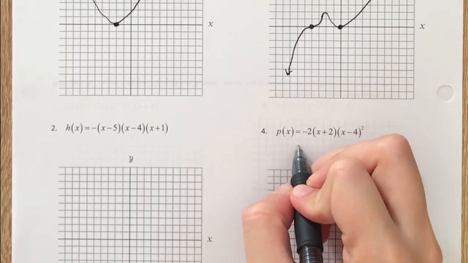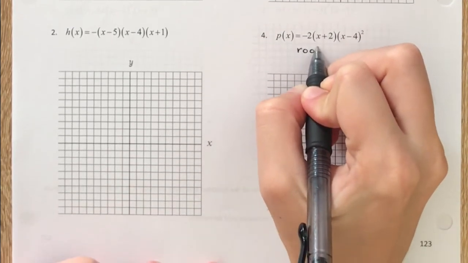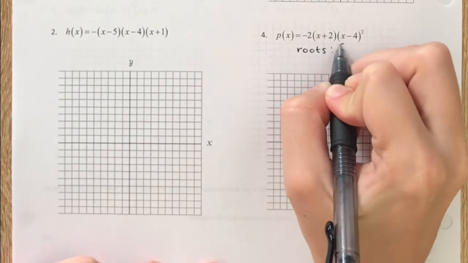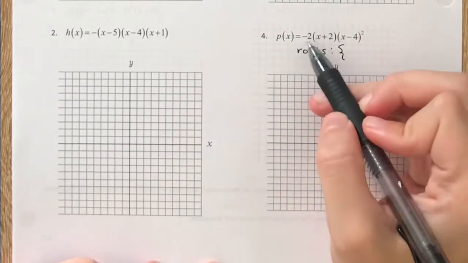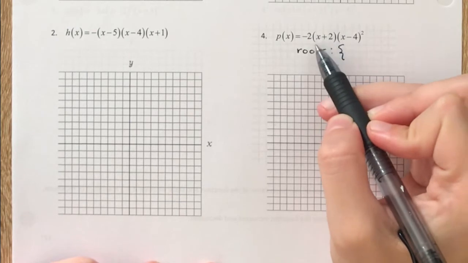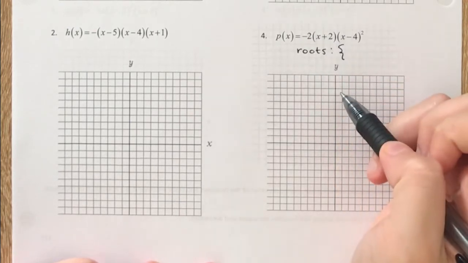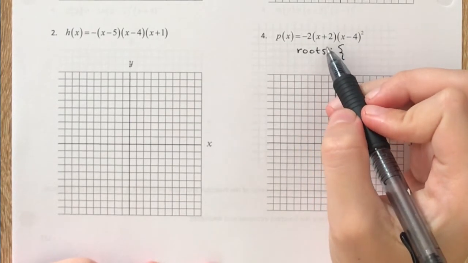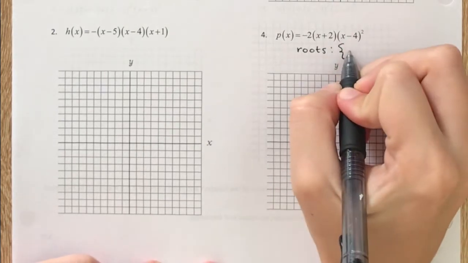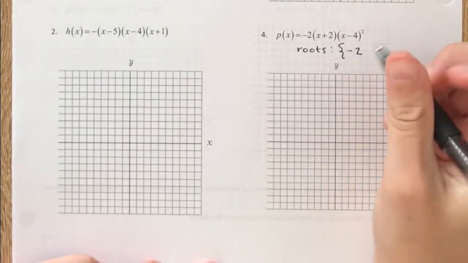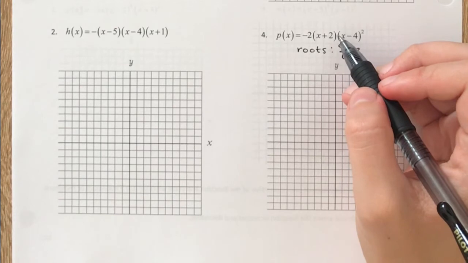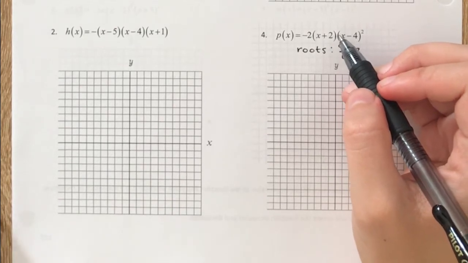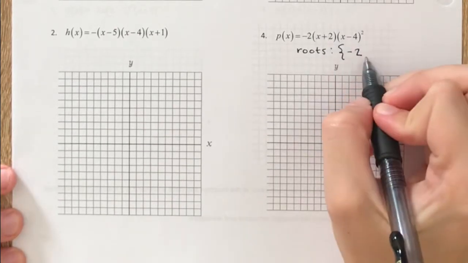So my list of roots here. My first factor with an x in it is x plus 2. That means I'm going to have the root -2. How many times does it show up? Well, there's only one factor, so it's only going to show up one time.